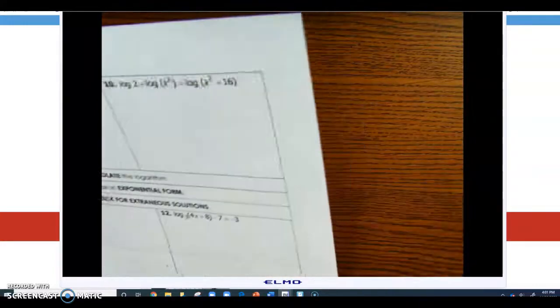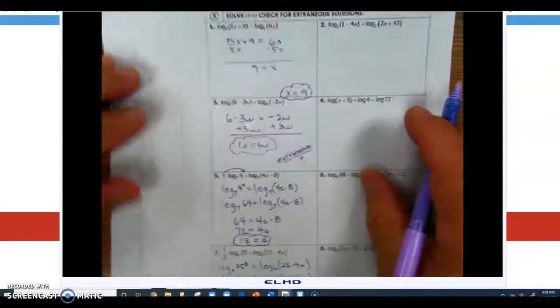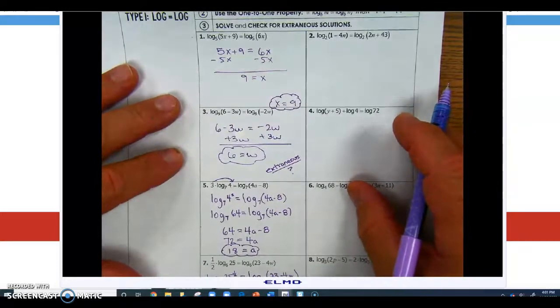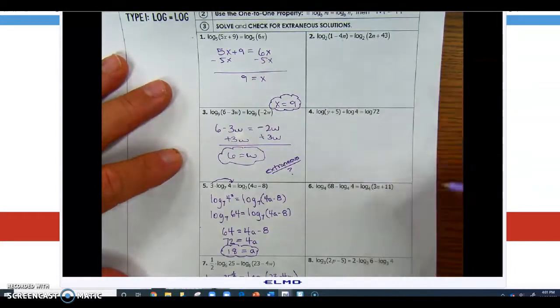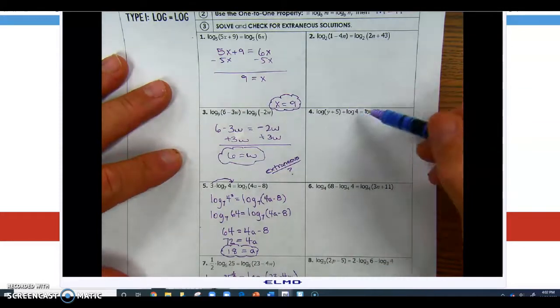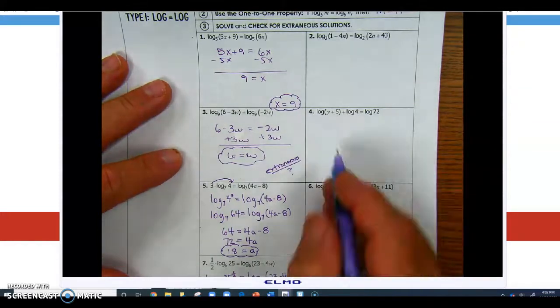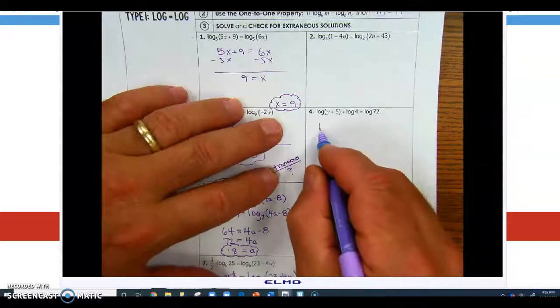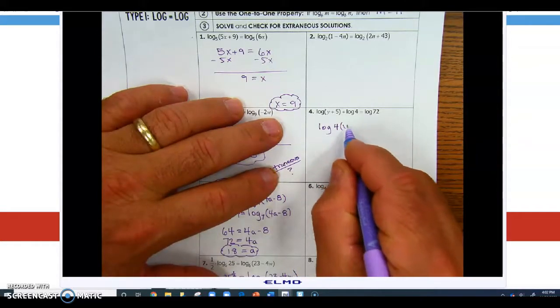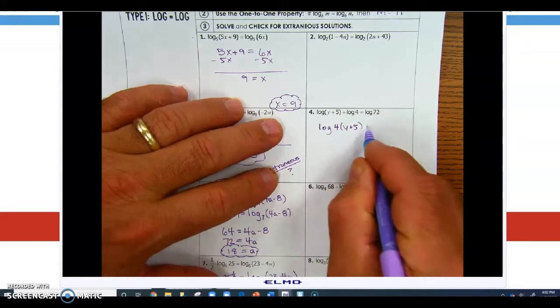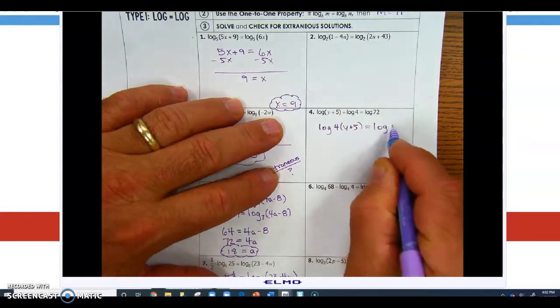Okay. Looks like most of the condensing problems are over here. I'll skip number 2, just drop the logs and solve. Number 4, I like this one. Let's condense this real quick. Log of 4 times y plus 5 equals log of 72.